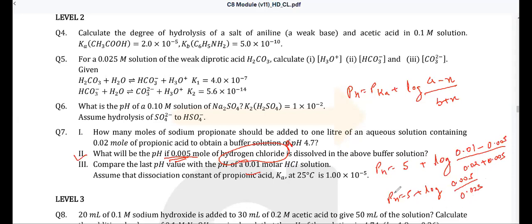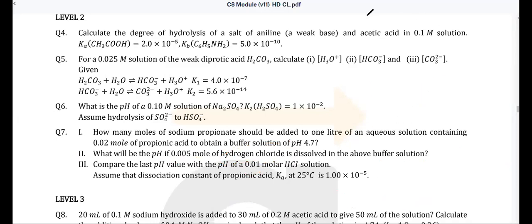So pH is equal to 5 minus log 5, which is 5 minus 0.7, 4.3. See, even if we add 0.005 mole of HCl, the pH changes less. Now third one, same, you can solve.